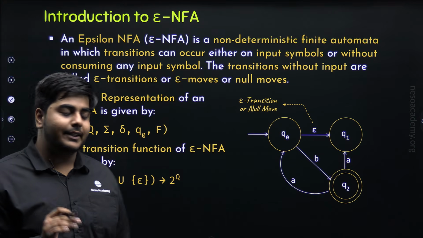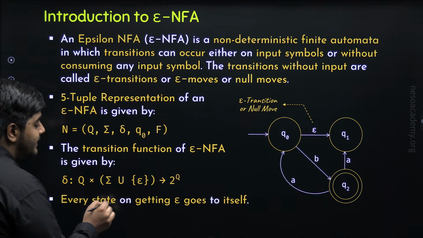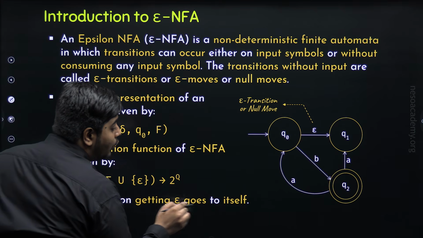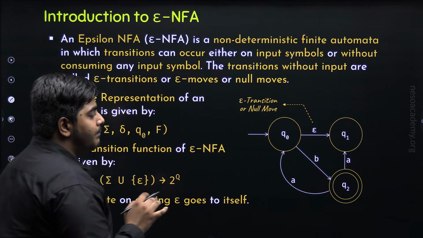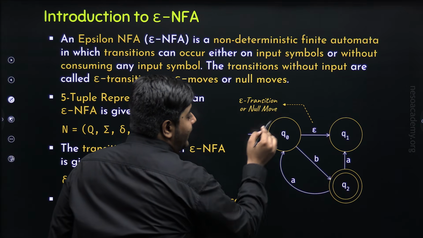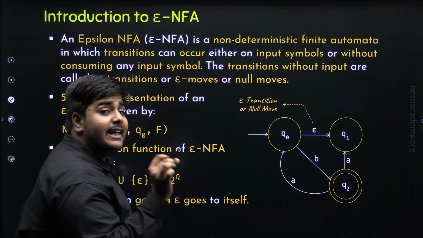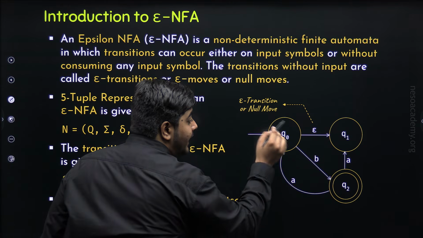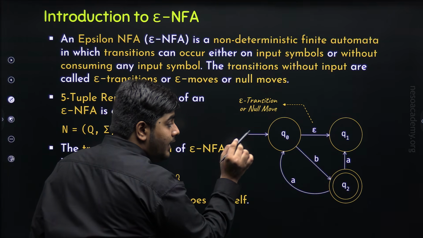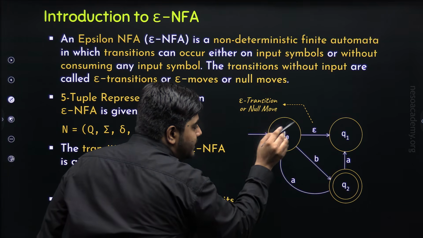So let's see the last point: every state on getting epsilon goes to itself. What does that mean? It simply means that for every state, it is implicit and by default that if this state gets the epsilon, it goes back to the same state.